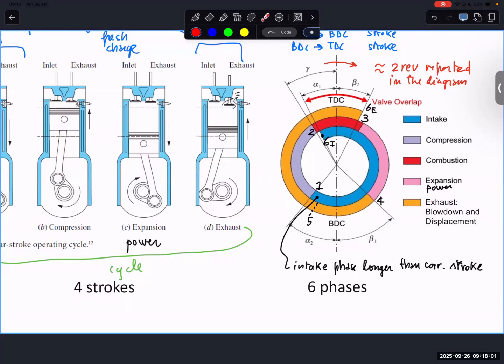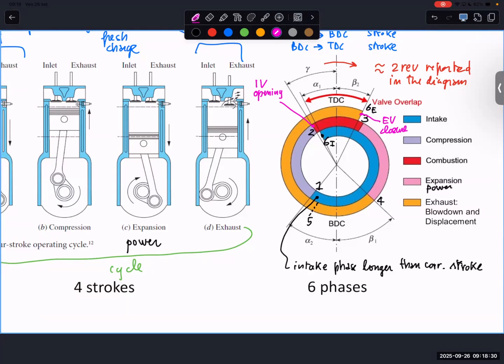You can check that there is a period in which the two valves are open at the same time, the intake valve and the exhaust valve, because here we have the intake valve opening, and here we have the exhaust valve closure.